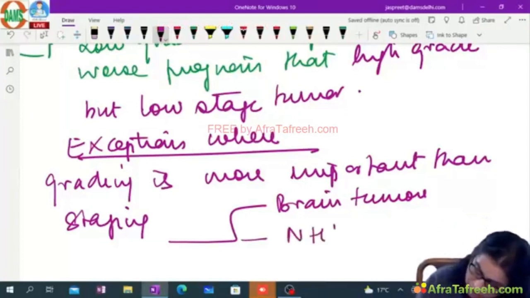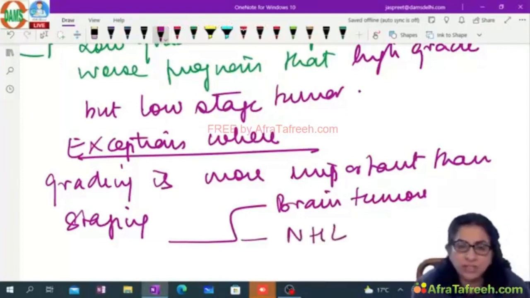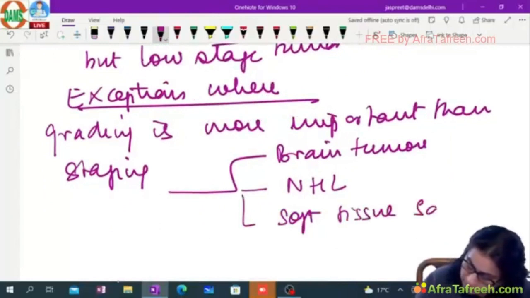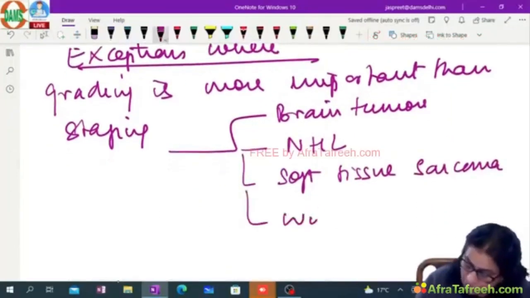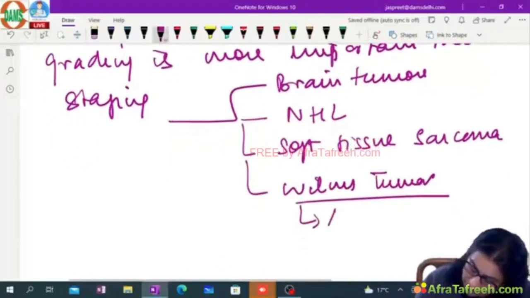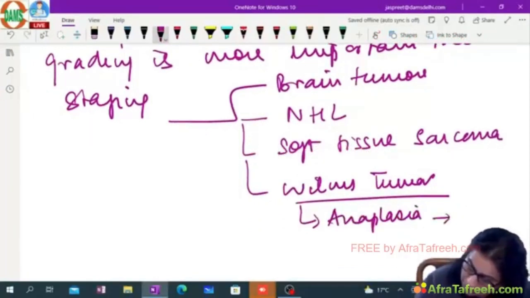Then NHL, non-Hodgkin's lymphoma. In NHLs also, grading is more important. And then soft tissue sarcomas. And also remember Wilms tumor. In Wilms tumor histology, the presence of anaplasia is a very important prognostic factor.